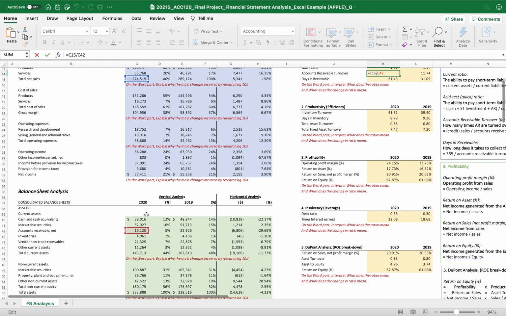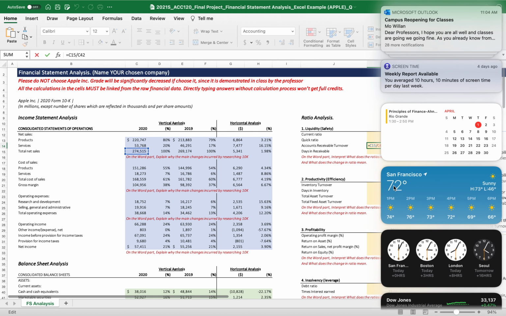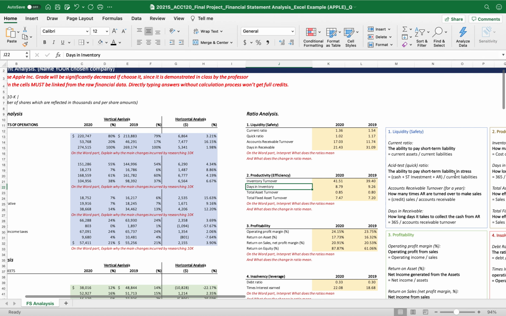Okay, calculation, as you can see, you can just put the correct accounts along with this equation. But more importantly, what is the meaning? For example, the current ratio between 2 years has lowered, and that means the ability to pay short-term liabilities is getting a little bit worse.